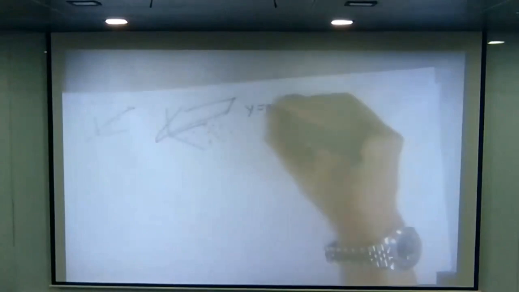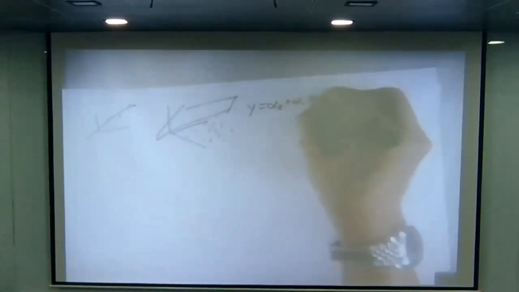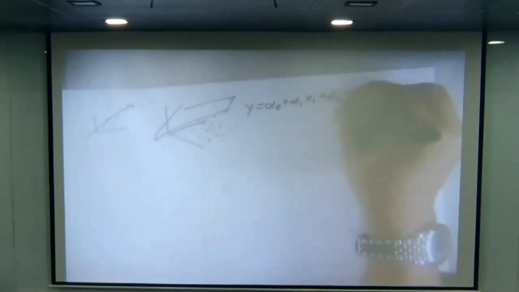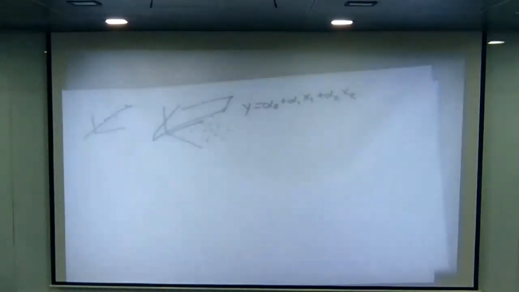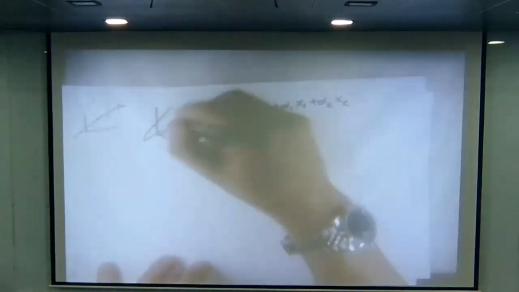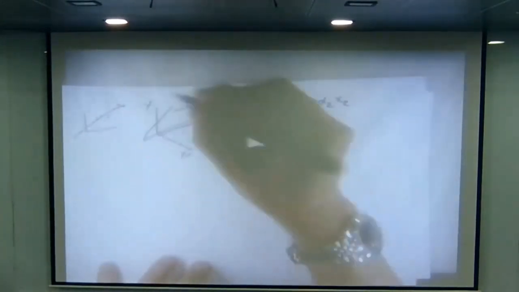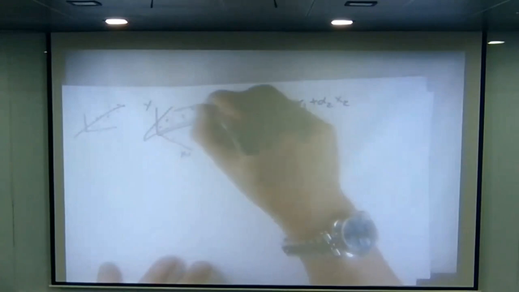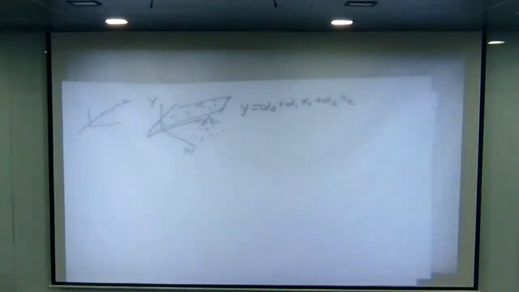Can you imagine? So y is equal to alpha 0 plus alpha 1 x1 plus alpha 2 x2. So that's x1 and x2 and that's y. So this is a regression of y on 2 dimensions, x1 and x2.